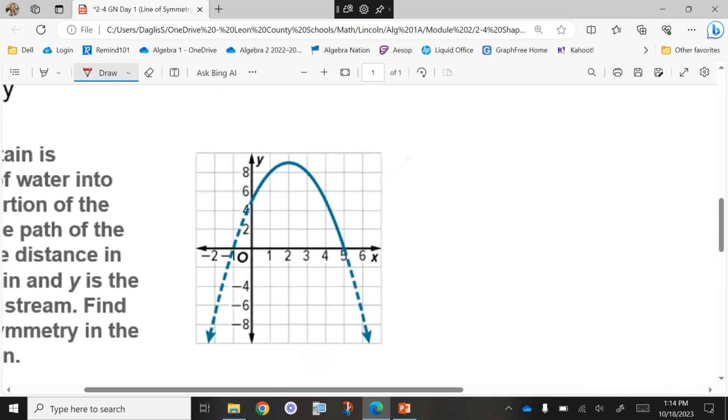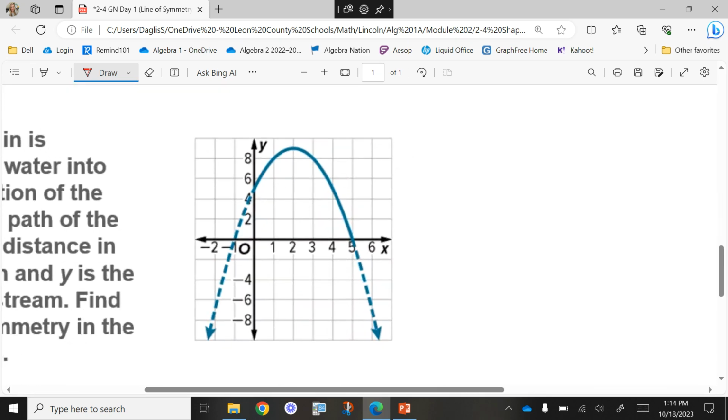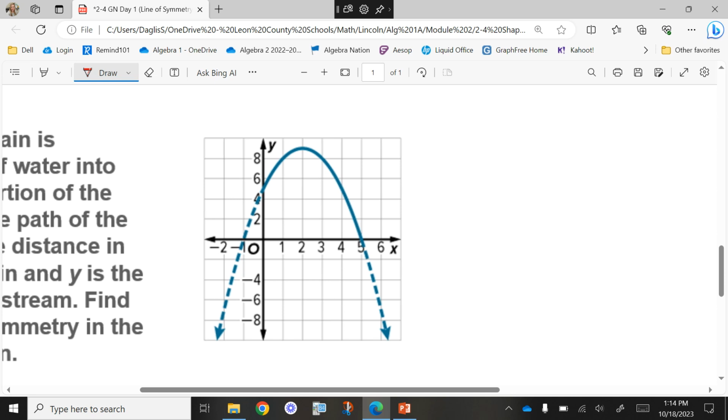Okay, so when you say in the middle, what number does that associate with? When you cut it in half, there you go, it's at 2. 8 is close to the maximum, but it's not going to be the symmetry. Okay, so when x equals 2, that is the symmetry.